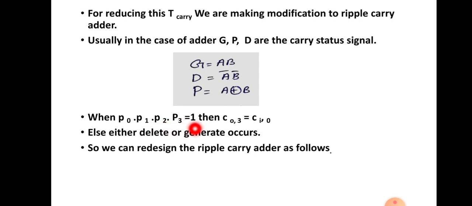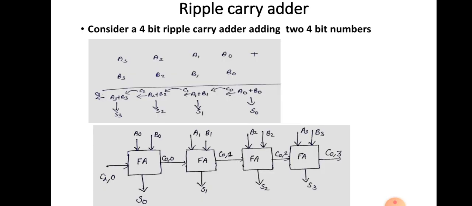So if we have the condition P0 into P1 into P2 into P3 equal to 1, then the carry output of the third stage will be equal to the carry input of the 0th stage. What is the equation for P0? P0 is A0 XOR B0, P1 is A1 XOR B1, P2 is A2 XOR B2, P3 is A3 XOR B3.